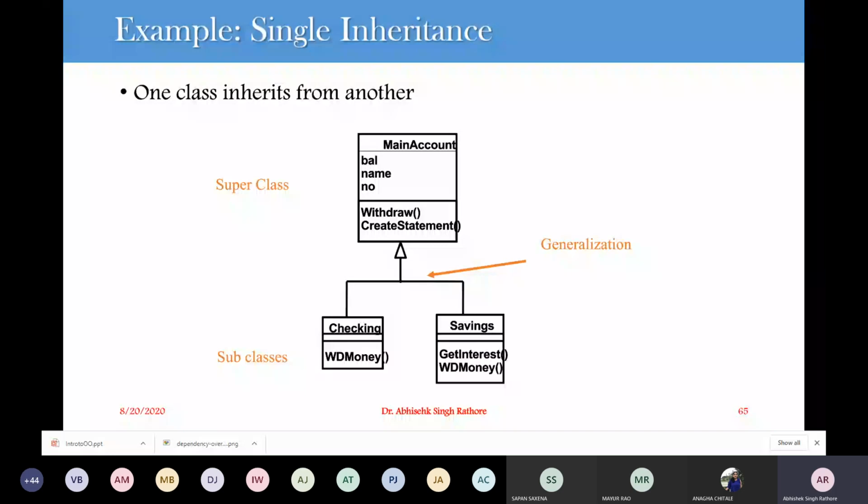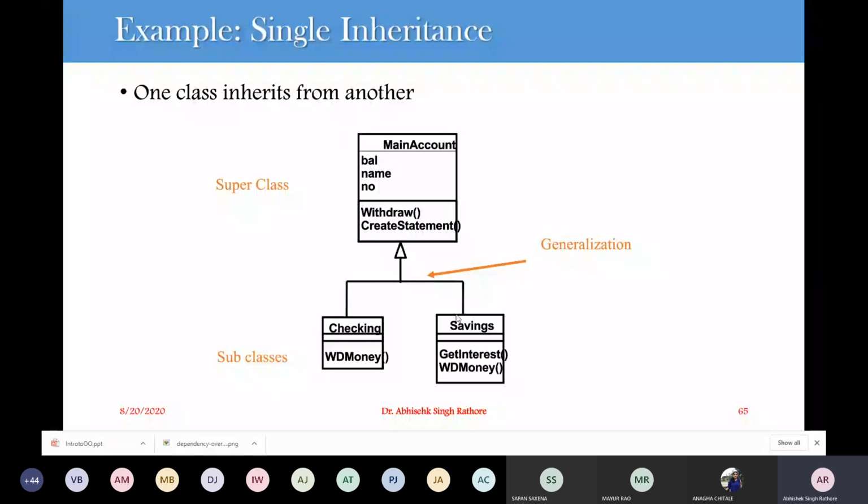So let's say this is the saving class. This saving class has properties like get interest and withdraw money, while it also considers the withdraw and create statement functions too. In addition, even if we don't specify additional attributes here, it inherits different attributes from the super classes.